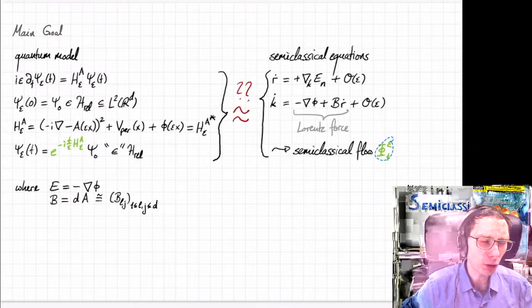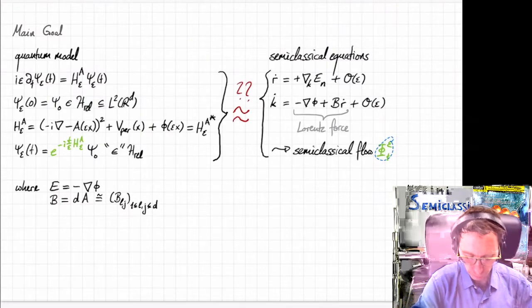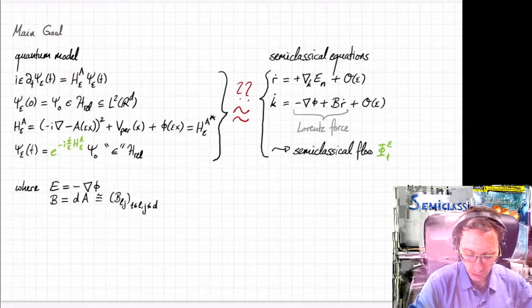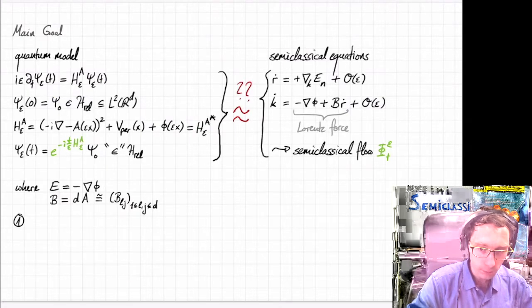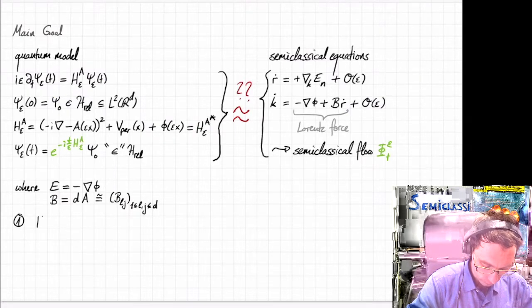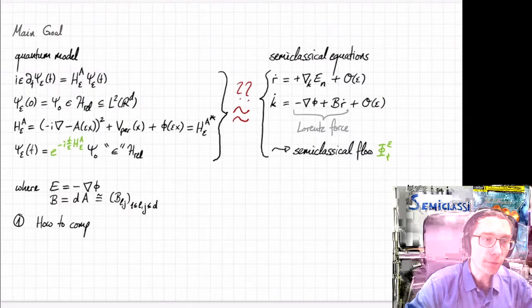So how do you compare them? How can you say that one is similar to the other? It's not at all clear. So in fact, this is goal 1. We have to explain how to compare the two evolutions.